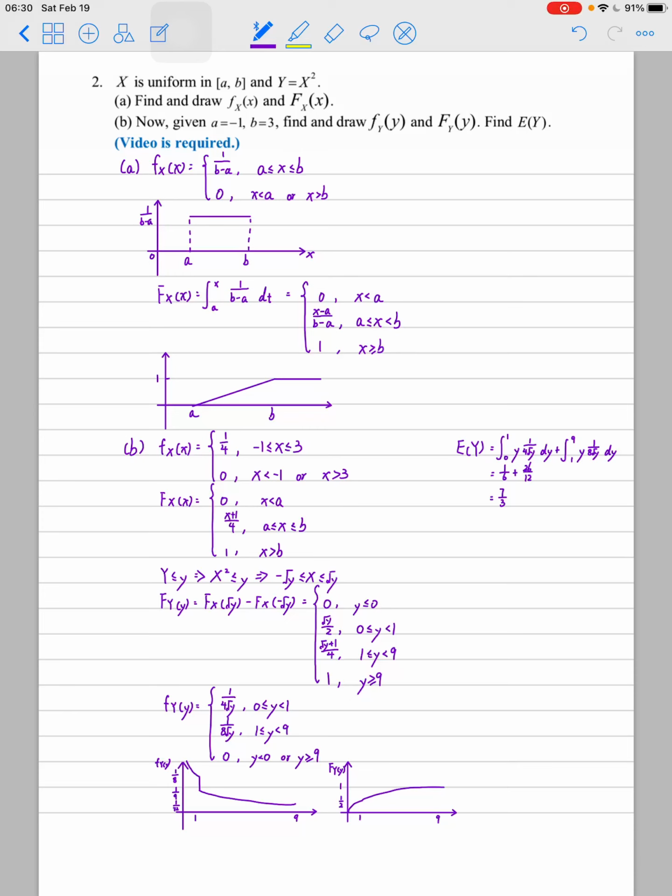This is question 2. X is uniform in the range a, b, and y equals x squared.